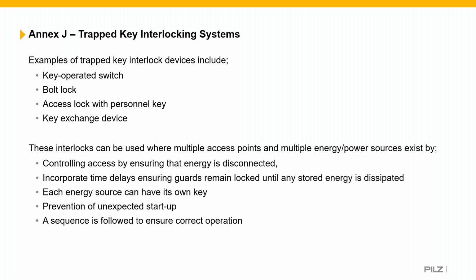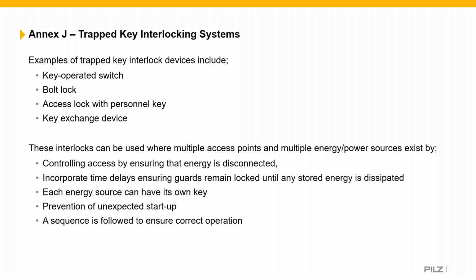Ideal for use where multiple access points are, or where you need to switch off multiple energy or power sources. So we can ensure that access is only given once the energy is disconnected. We can, if needs be, put time delays in to ensure that they're locked until any stored energy gets dissipated.